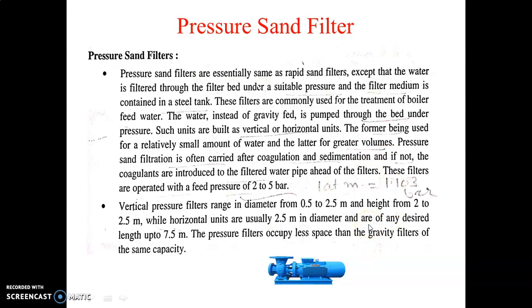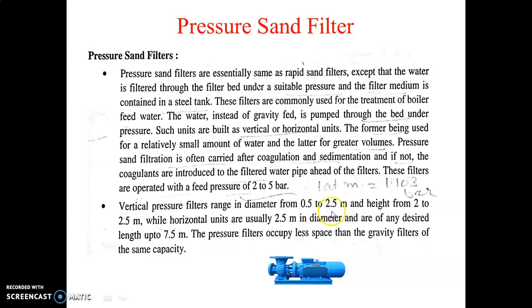And what is the pressure applied to that water? It is equal to 2 to 5 bar. What is bar? Bar is a unit of pressure. Here I have given the relation: 1 atmosphere is equal to 1.013 bar. And what is the size of these pressure filters?